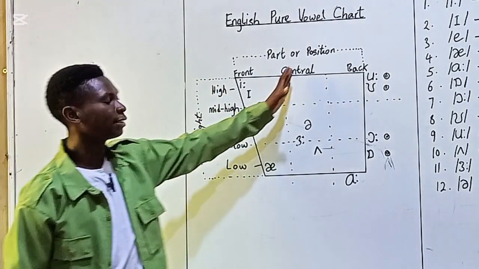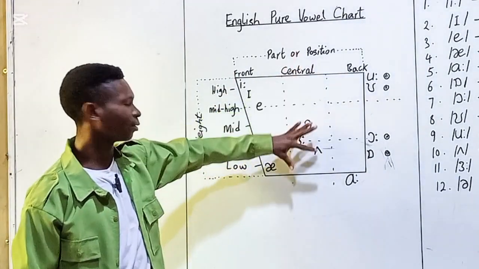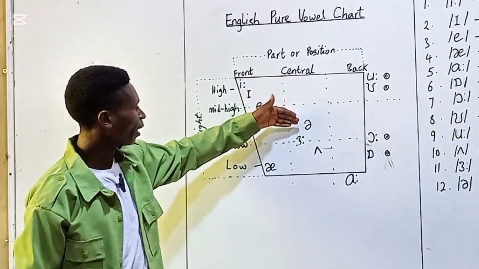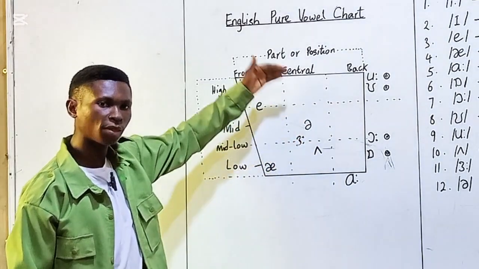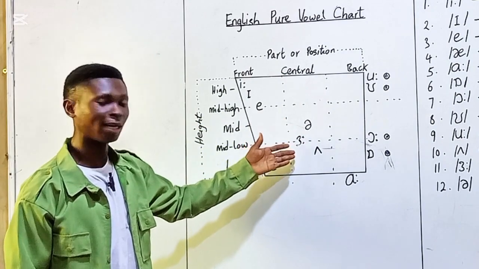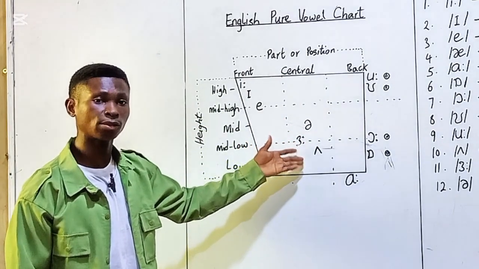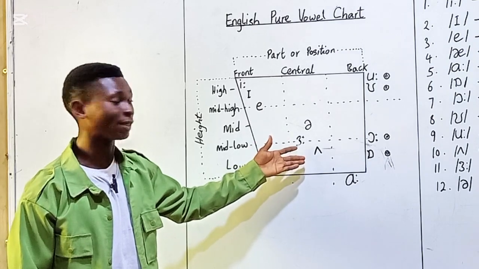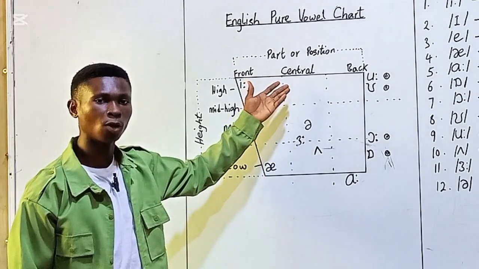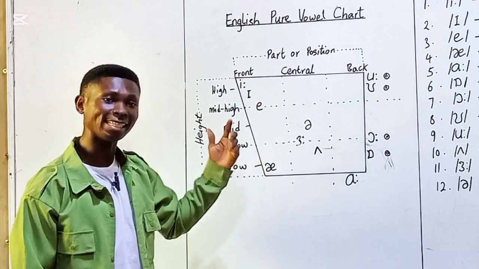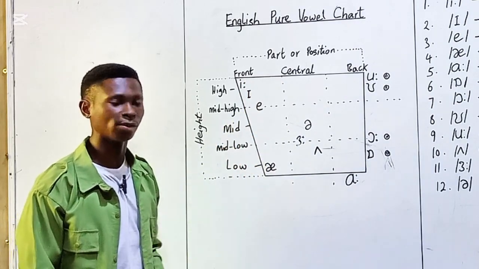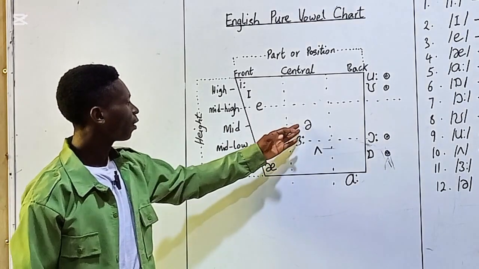And then we have the central part, which is the middle of the tongue. We have three sounds. These three sounds are described as mid-vowel sounds or central vowel sounds in English language because the middle of the tongue or the central part of the tongue is involved in the articulation.